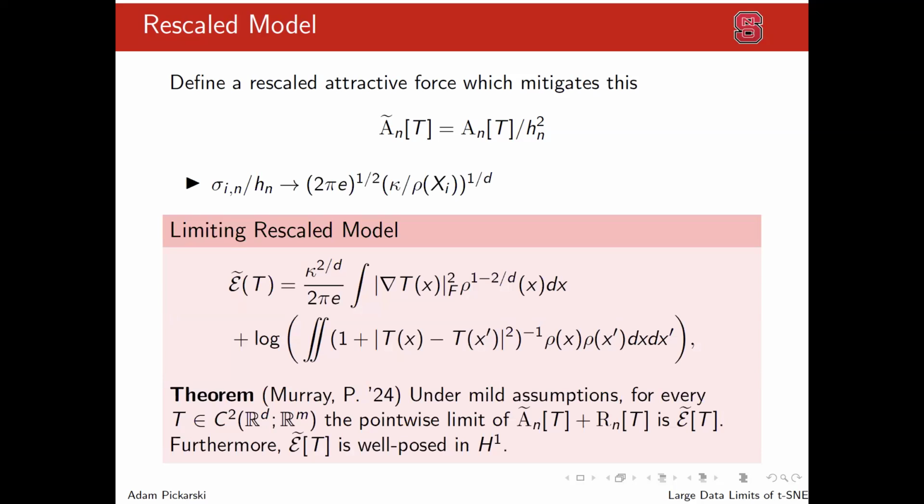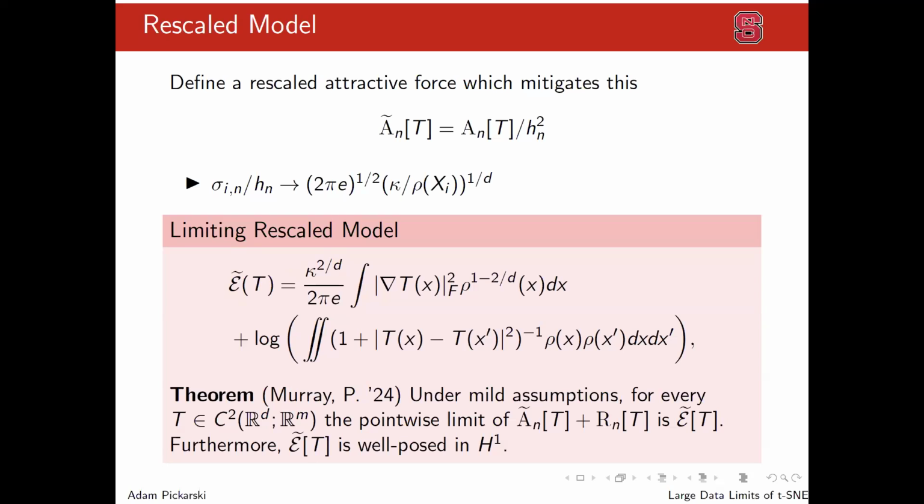It turns out that if you do this, you can get pointwise consistency results to a Dirichlet energy plus some non-local repulsion. This result is not very difficult to show. It's just a pointwise result, just about getting it into the right form. The other thing about this is that this energy is well posed in H1.